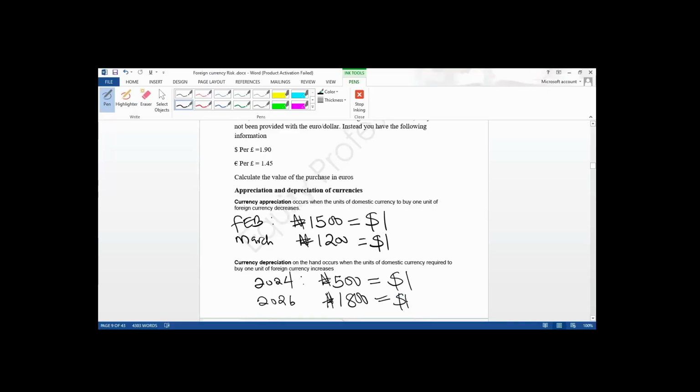What has happened to Naira? Naira has depreciated.